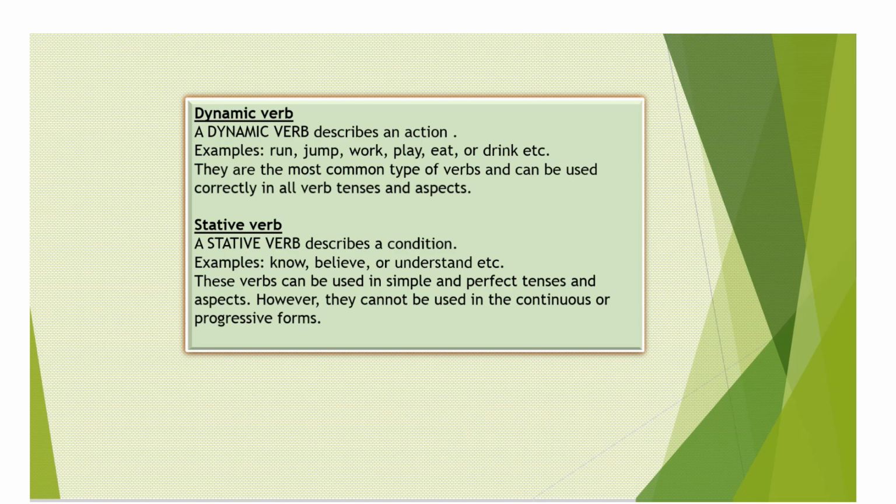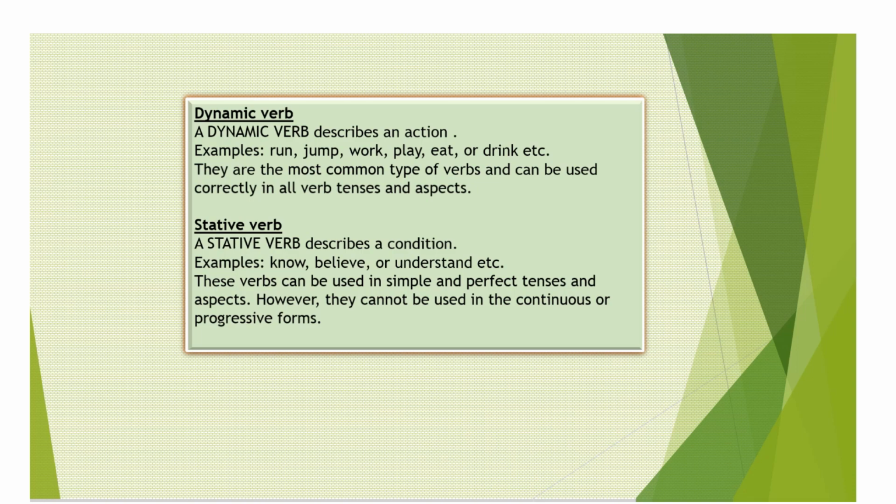Now what are stative verbs? Here comes the stative verbs and the confusion. A stative verb describes a condition. There are a few examples here: know, believe, or understand, etc. These verbs can be used in simple and perfect tenses and aspects.